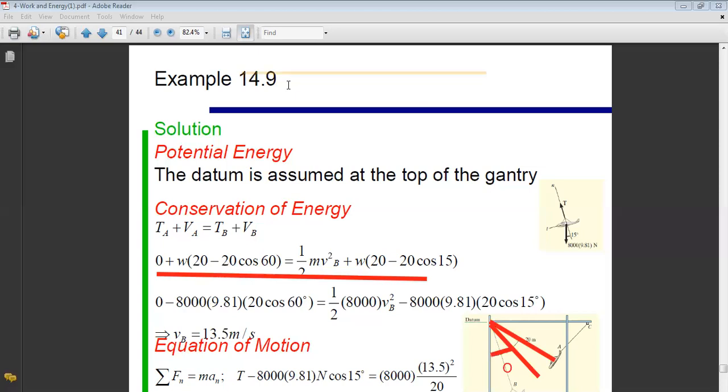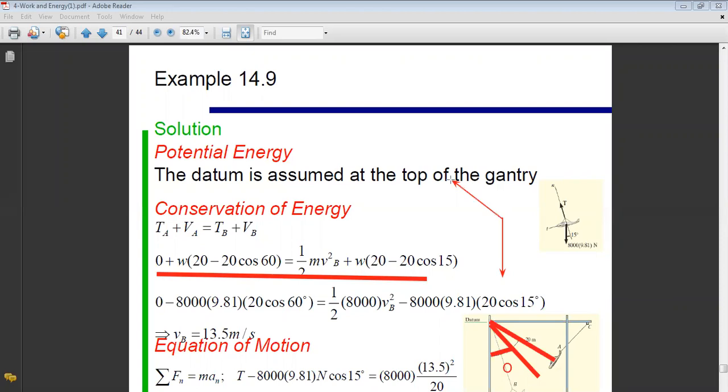Let us draw it together here. I have the weight, which is downward. And I have the tension in the cable.